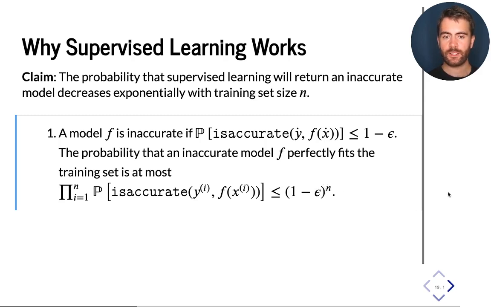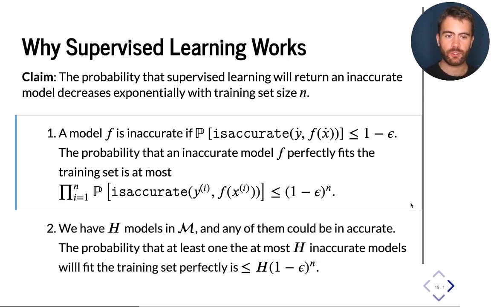The only missing part to this argument is that because we have a total of h models in M, it's possible that one of them by chance might have this error. And the more models we have, the more likely that at least one of them will still, with some small probability, fit the data well.